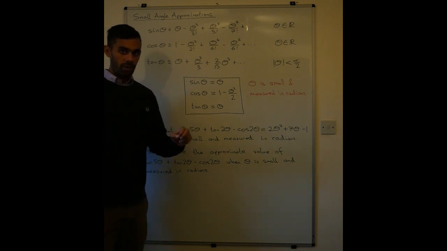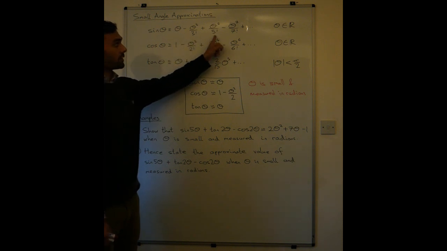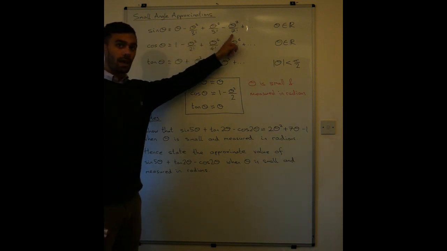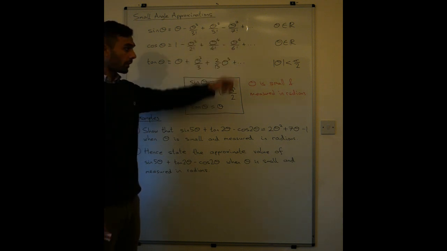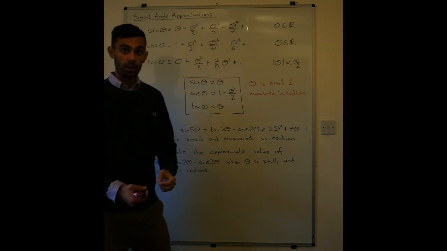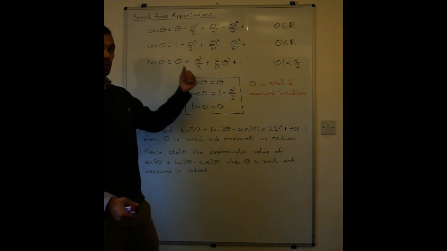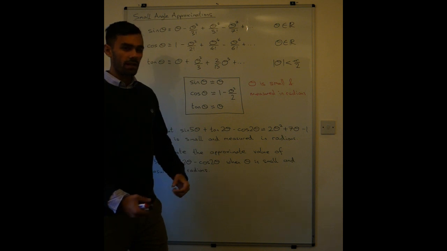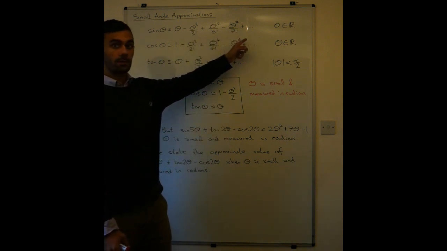Sine can actually be rewritten exactly as this series at the top. It may look a bit random, but this is called a Maclaurin expansion. You can apply Maclaurin expansions to a lot of different functions, including the three trig functions. And it's just another way to write the function, but as an infinite series.